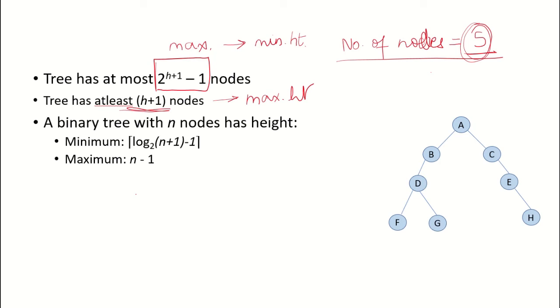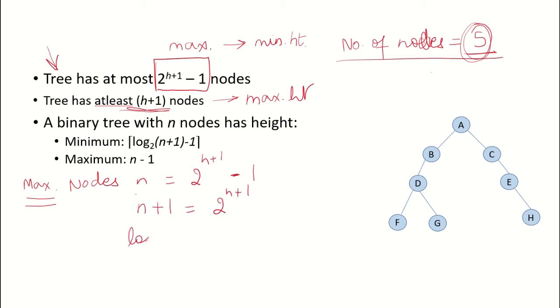So if we take this formula, then the maximum number of nodes is 2^(h+1) minus 1. So if the maximum number of nodes is given, we can compute the minimum height from this. And how will we compute this? We have to solve it out.